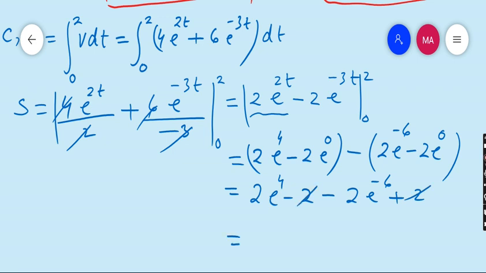The 2 cancels by 2: 2e^4 minus 2e^(-6). Now find the value with the help of calculator.